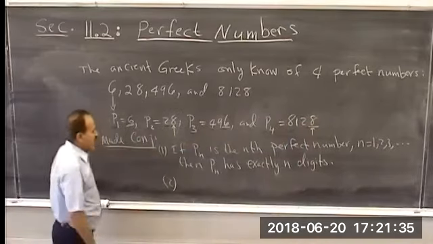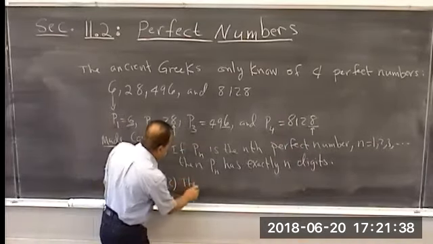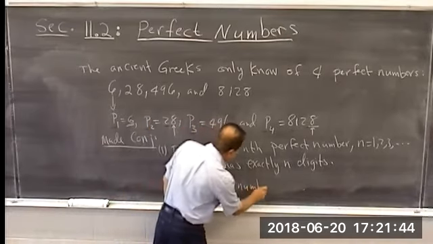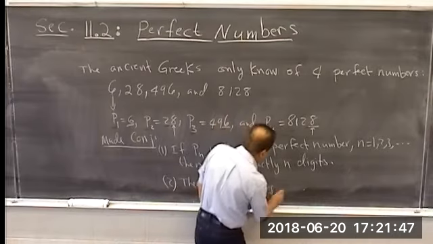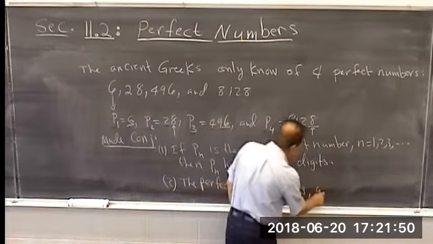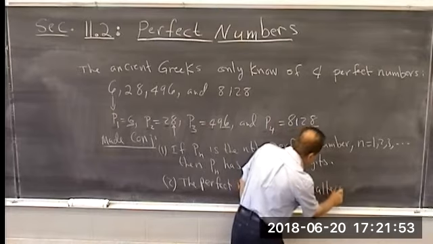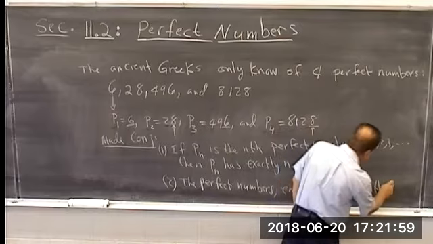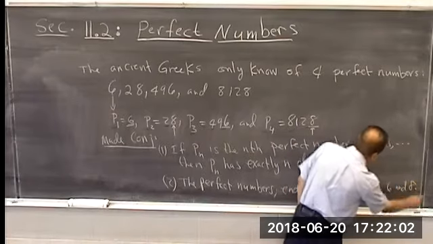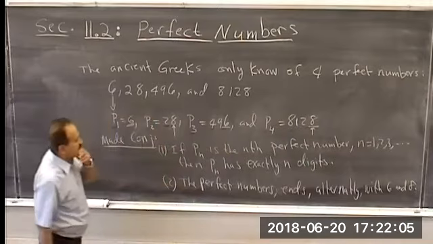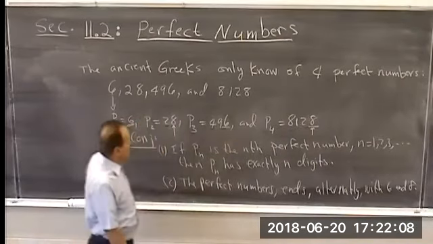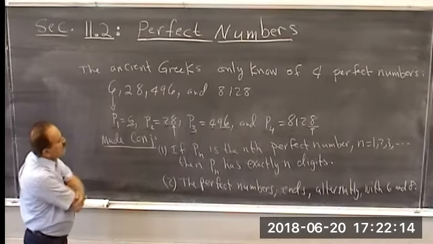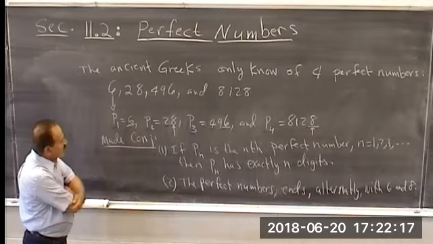So they conjectured that perfect numbers end alternately with 6 and 8 in this order. Again, this is true for the 4 numbers here. This is a very small sample, of course. It would be very hard to imagine that these conjectures were true, and in fact, they are not.